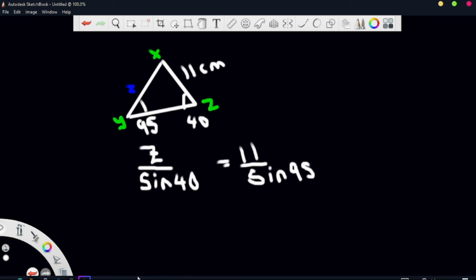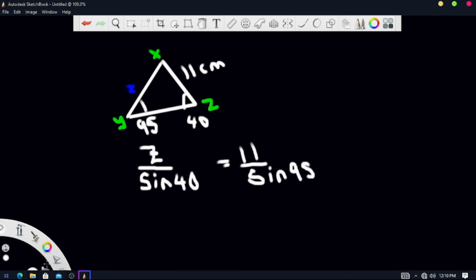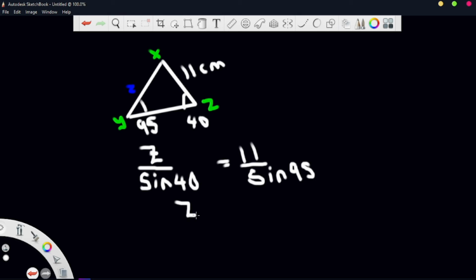So when solving for z, we multiply, so we basically have z is equivalent to 11 sine 40 divided by sine 95, because when we cross multiply and then divide, we have to divide both sides.